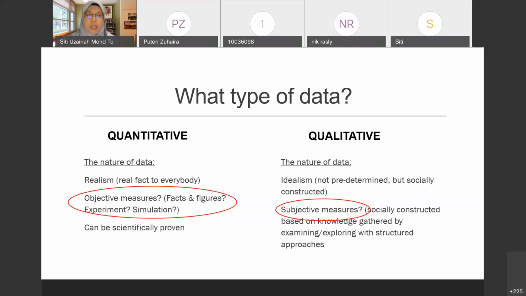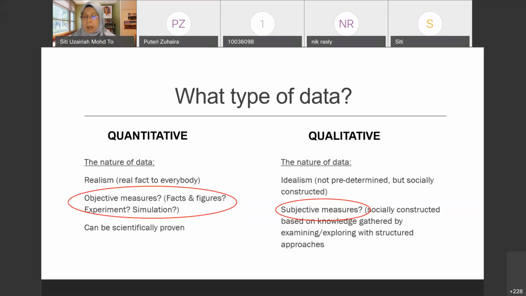If the potential solution is something that needs to be counted, measured, validated, or maybe simulation or experiment, then it is an objective measure. So this type of data falls under the quantitative group, because it can be scientifically proven.